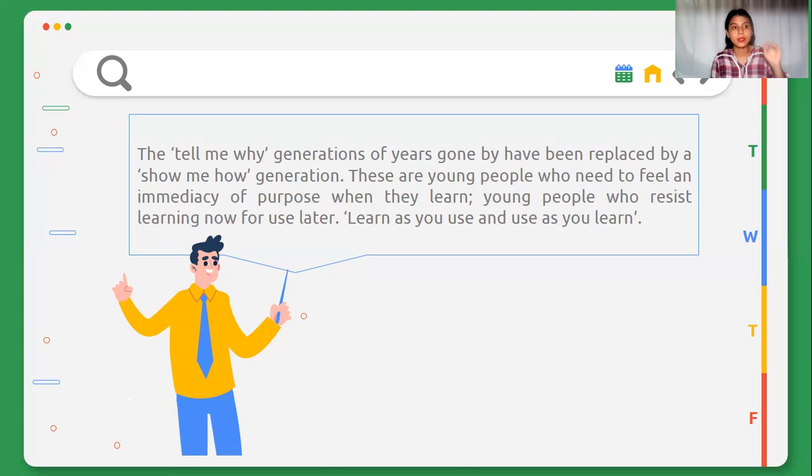We need to learn how to teach, the best way to teach the class. And like I said before, to achieve the objective of the class.